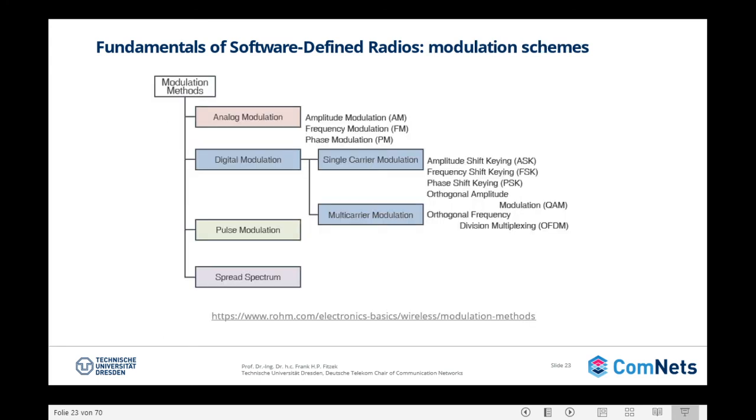There are some modulation schemes, that is, a way in which we are going to transmit our data. And as you can see from the picture, there are four main modulation schemes. The analog modulation can be a modulation in amplitude or AM, a modulation in frequency or FM, and a modulation in phase that we are going to call phase modulation or PM.